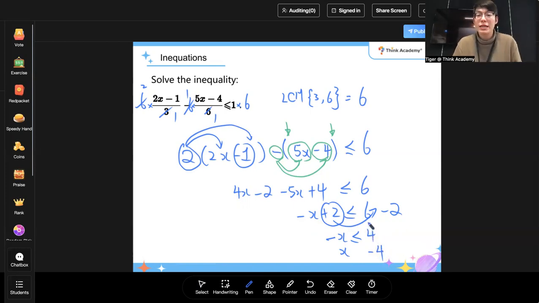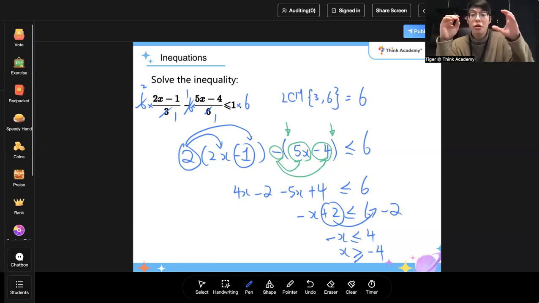However, as for an inequality, it's going to change its sign from less than to greater than. When you take the opposite number, you change the direction of the sign, right? So the opening and the tip, they both go the other way. All right. So that's it for this question.